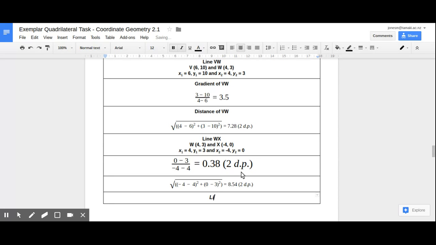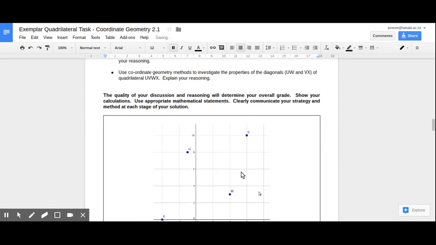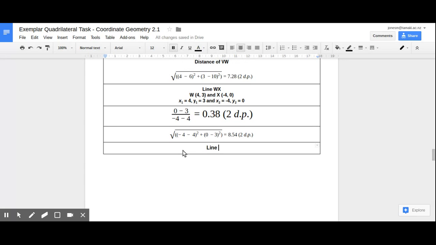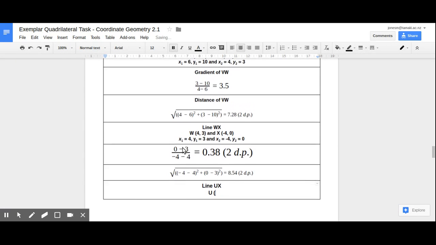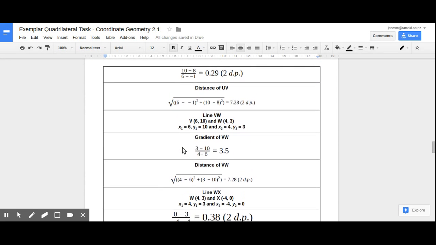Now finally, the last line is XU, or UX. So we're looking at XU, or UX, and so our U, what's our U?